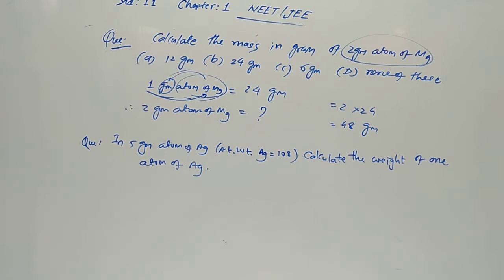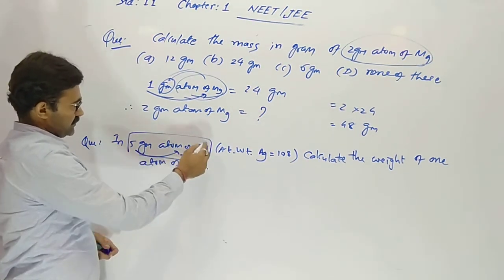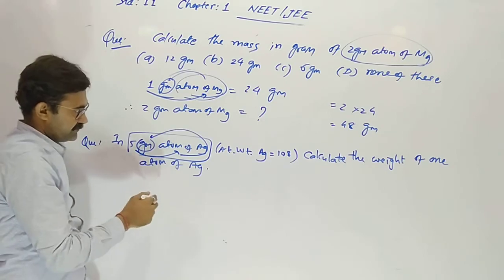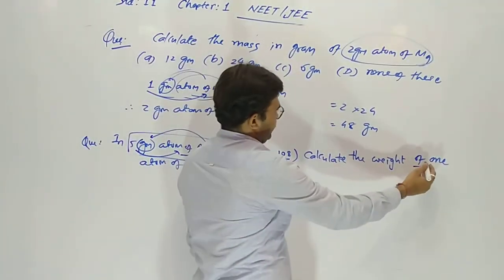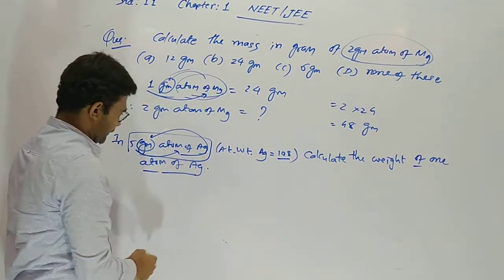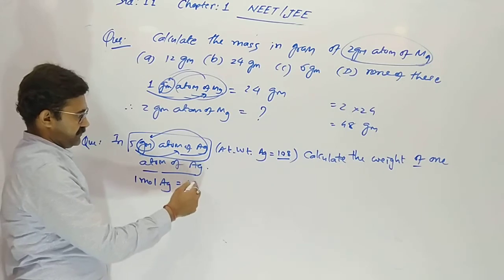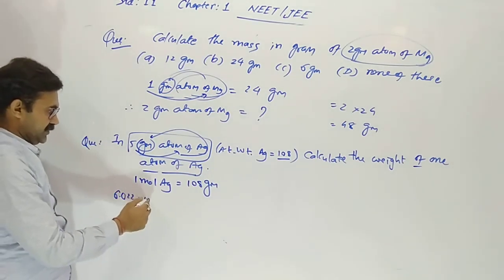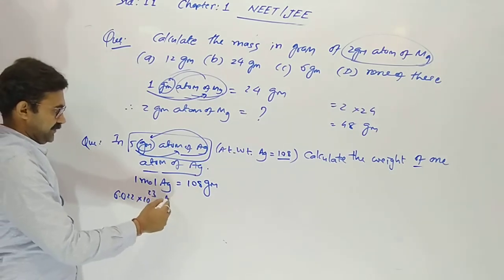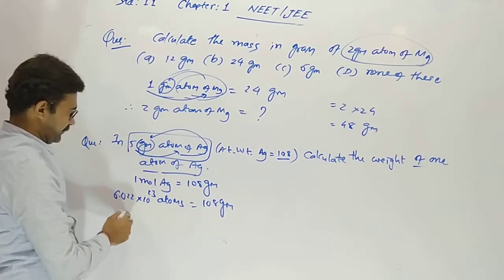5 gram atom of silver means 5 mole of silver, and its mass in gram is needed. The atomic mass of silver is 108. Calculate the weight of 1 atom of silver. So 1 mole of silver equals 108 gram, so 6.022 into 10 raised to 23 atoms equal 108 gram.